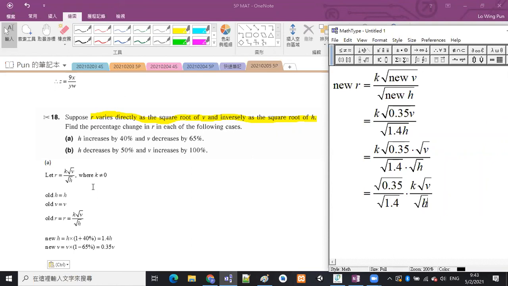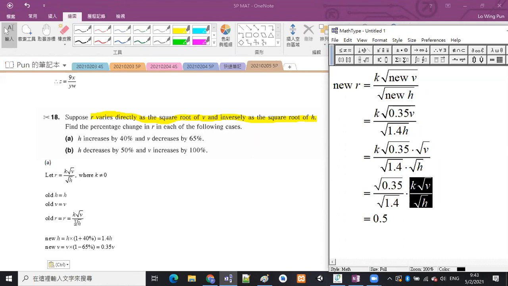Okay? It's the same every time. And then the pure number here, the number in front, we can use the calculator. Square root of 0.35 divided by square root of 1.4 should be a nice number. If my mental calculation is right, it should be 0.5, right? Okay, so the number is 0.5. How about the letter? The k times square root v over square root h is just our old r.